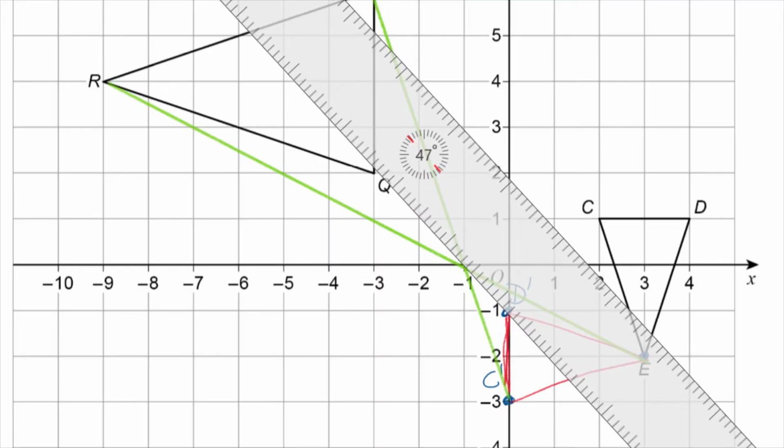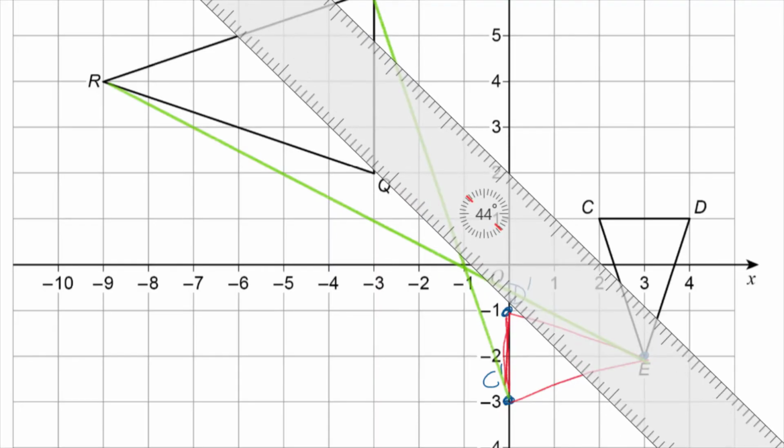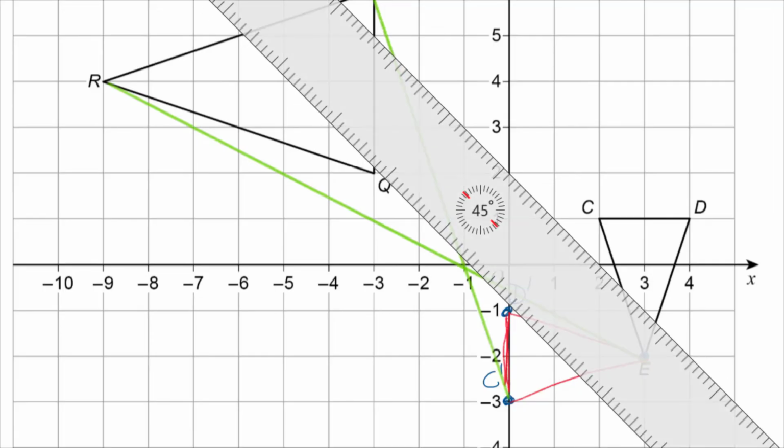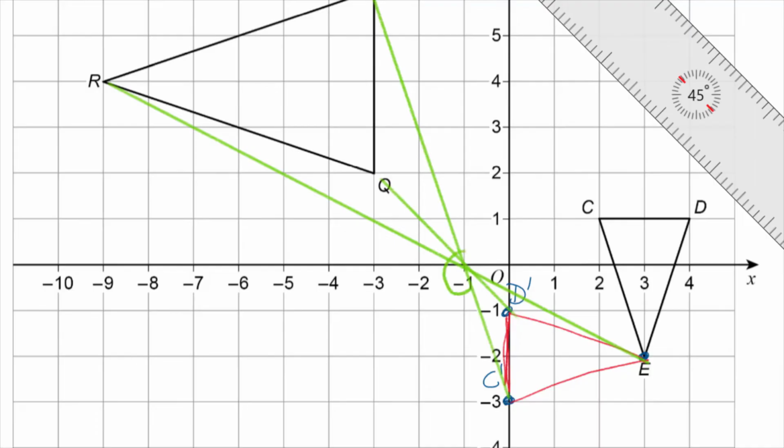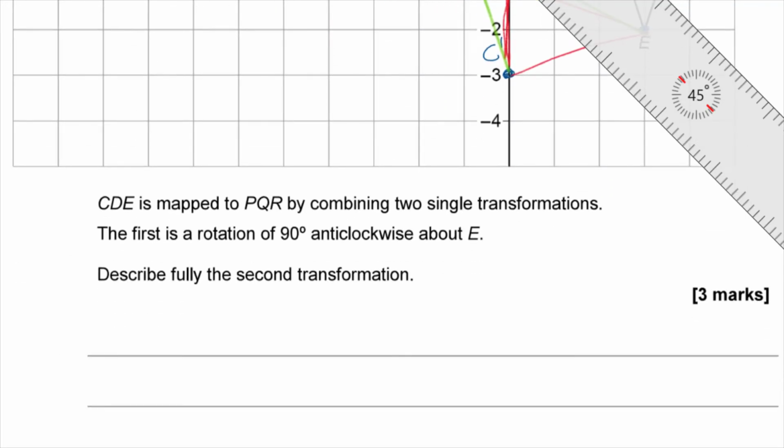You can see that they're converging on that point there. So that's going to be my center of enlargement, that point at -1, 0. Okay, so it's going to be an enlargement. It's going to be centered on -1, 0.